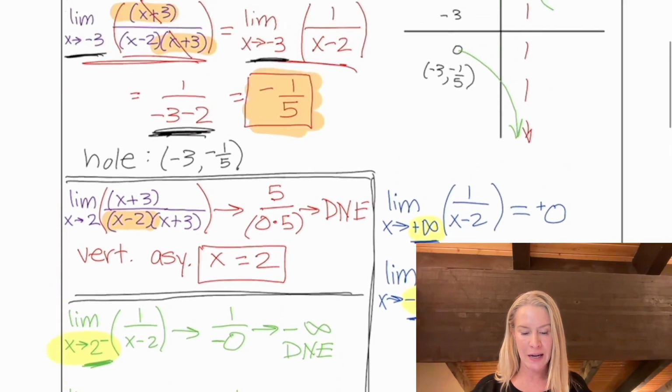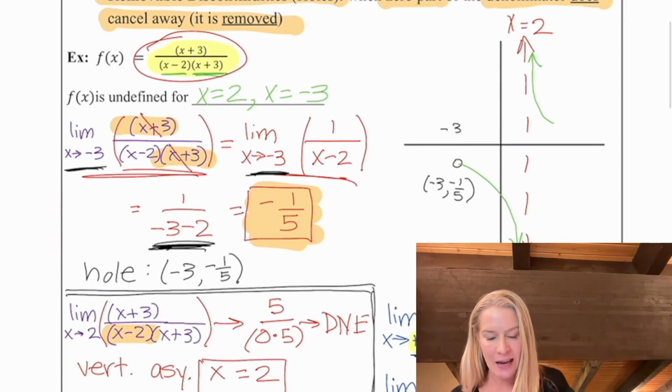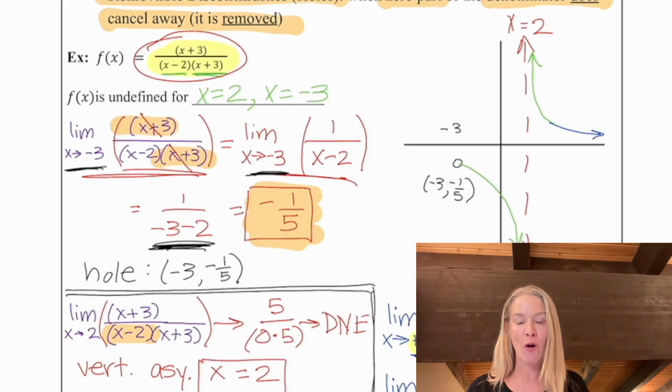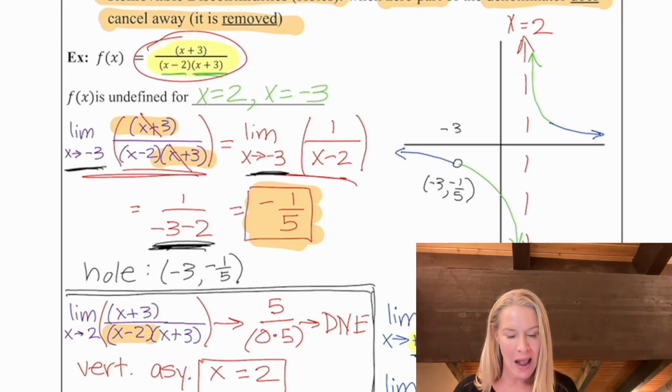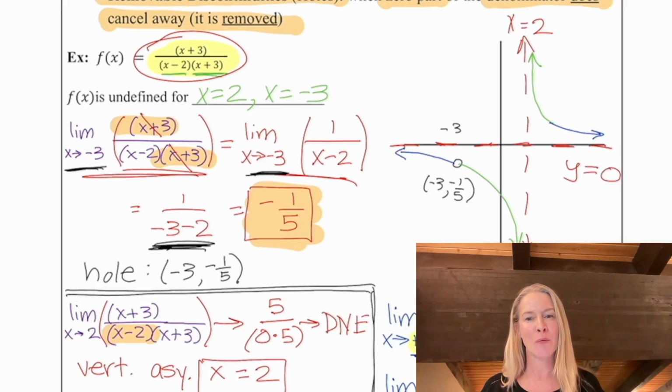So graphically, that's going to look like this. As x goes towards positive infinity, our function goes towards 0 from above. As x goes towards negative infinity, our function goes towards 0 from below. And of course, that means we have a horizontal asymptote at y equals 0, because you find horizontal asymptotes with limits as x goes to positive and negative infinity.